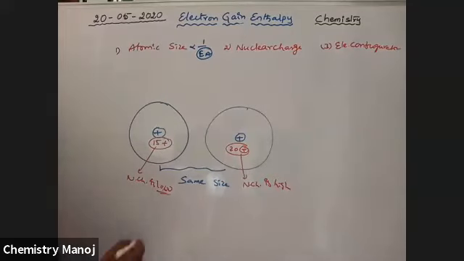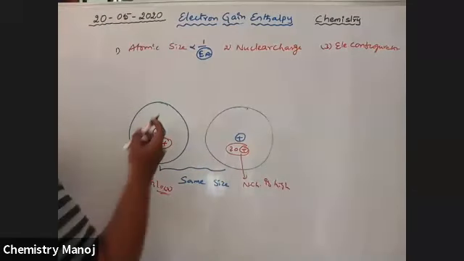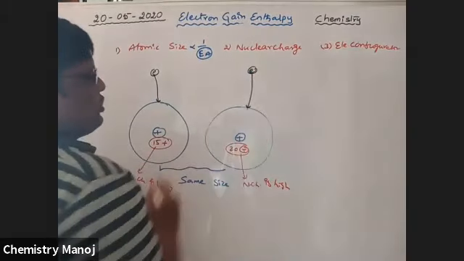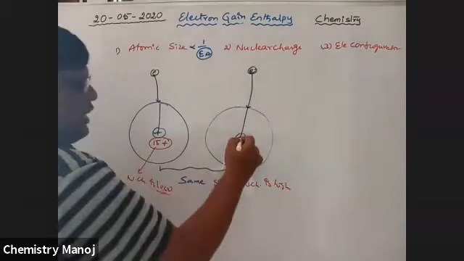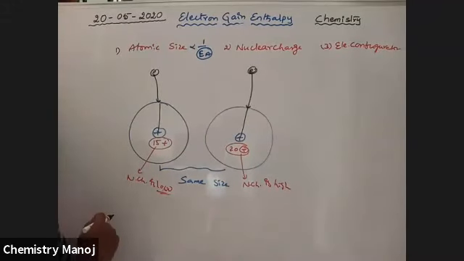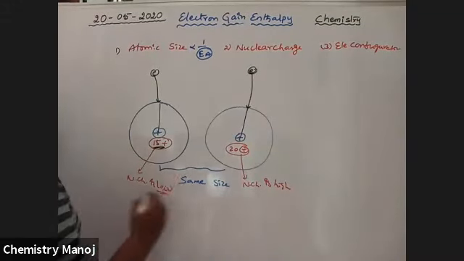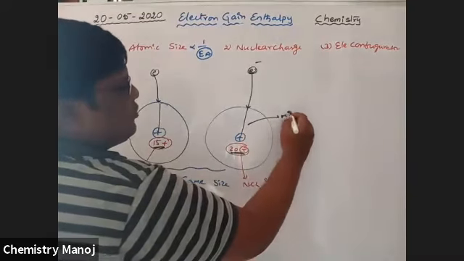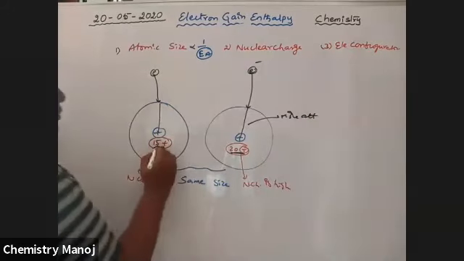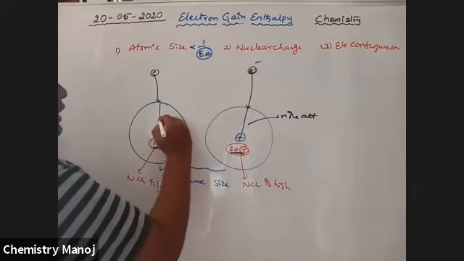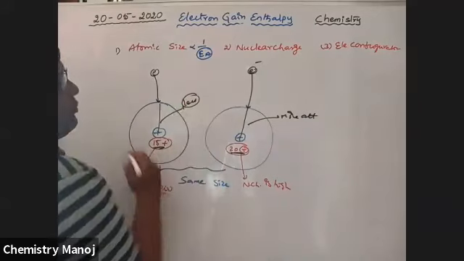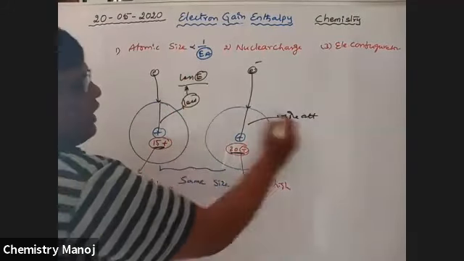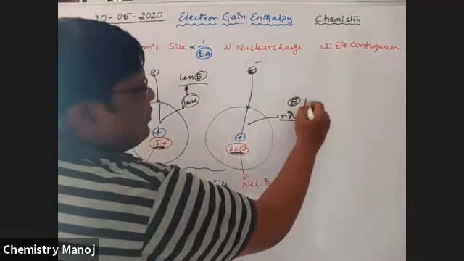Now, an electron is added to the outermost orbit of each. Here the distance is almost the same, but here there is only 15 plus and here 20 plus. Between the negative electron and 20 plus, more attraction is possible; between 15 plus and the electron, less attraction is possible. Wherever there is less attraction, less energy will be released; where there is more attraction, more energy will be released.